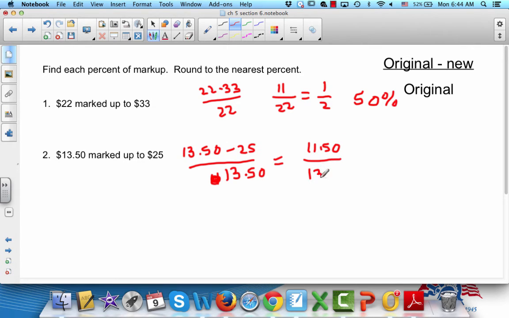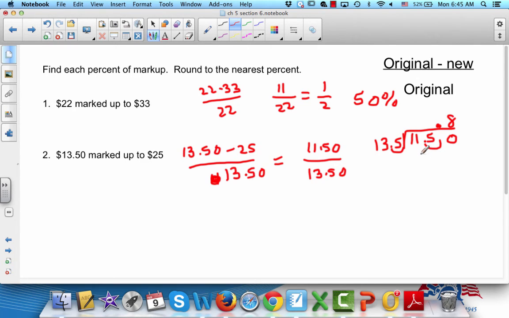Over $13.50. And we come over here and we go 11.5 divided by 13.5. Move the decimal one place. Move the decimal one place. Bring down a 0. 135 goes into 1150 8 times.